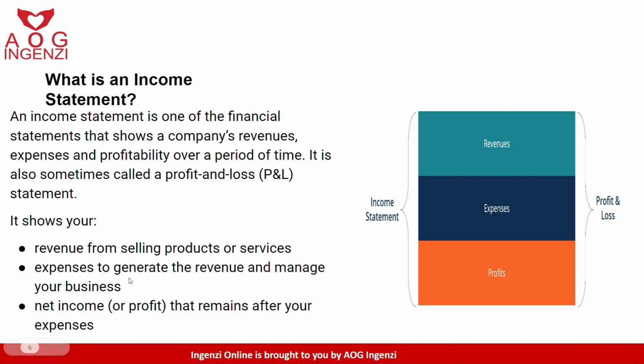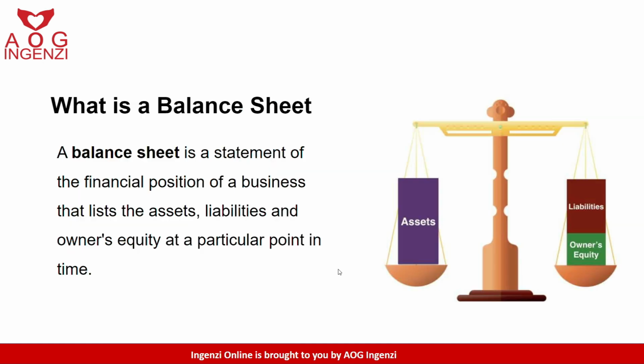It shows also the expenses used to generate those revenues, and also the operating expenses, the expenses used to manage your business. Then the net income, which comes from revenue minus expenses, where we'll see if we realized a profit or a loss. Mainly it's a simple formula: taking revenues minus expenses, then seeing if you have a profit or loss. That's what we call an income statement in simple words.